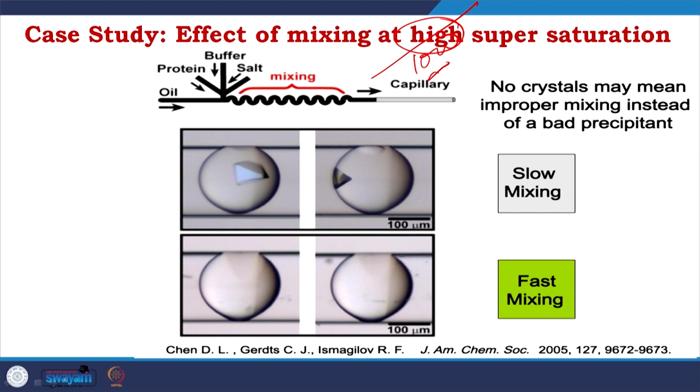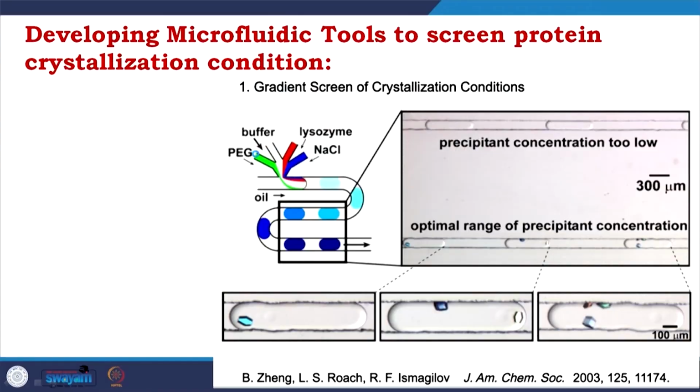No crystal may mean improper mixing instead of a bad precipitate. They do slow mixing and fast mixing and they got crystals in the case of slow mixing. So, slow mixing works. That is how they have shown us that in different conditions, different setups, different types of microfluidics work. And they did not limit themselves there, they go on developing.